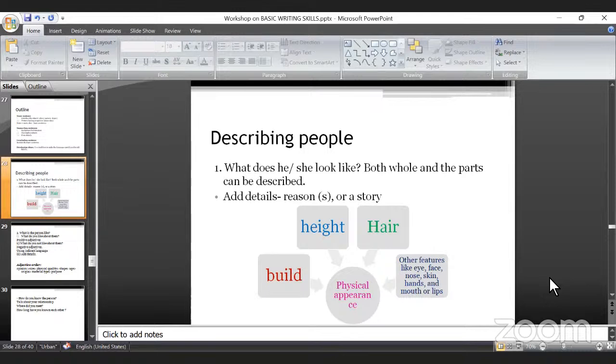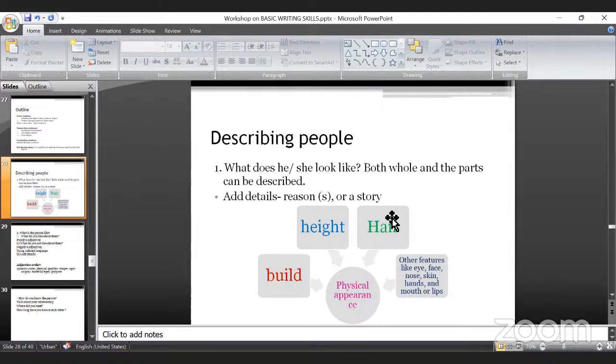And within physical appearance, what all can you talk about? You can talk about the build of the body, the height, the hair of the person, or other features like eyes, face, nose, skin, hands, mouth, lips, anything. Anything that is a part of physical appearance, anything that can be seen, which is visible to other people as part of the body, can be used for the description of people, right?